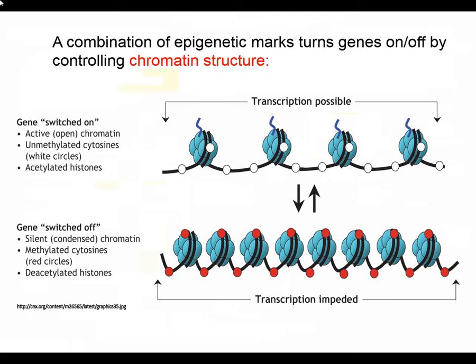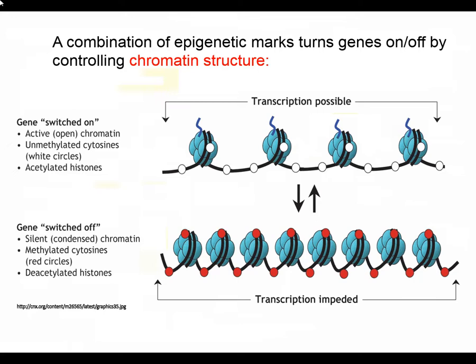So the combination of these attachments, these epigenetic marks as they're called, turns transcription on or off by controlling the chromatin structure. So in this picture, and I got this picture from somewhere else, they're showing the histones, which are shown in blue in this picture, are acetylated.